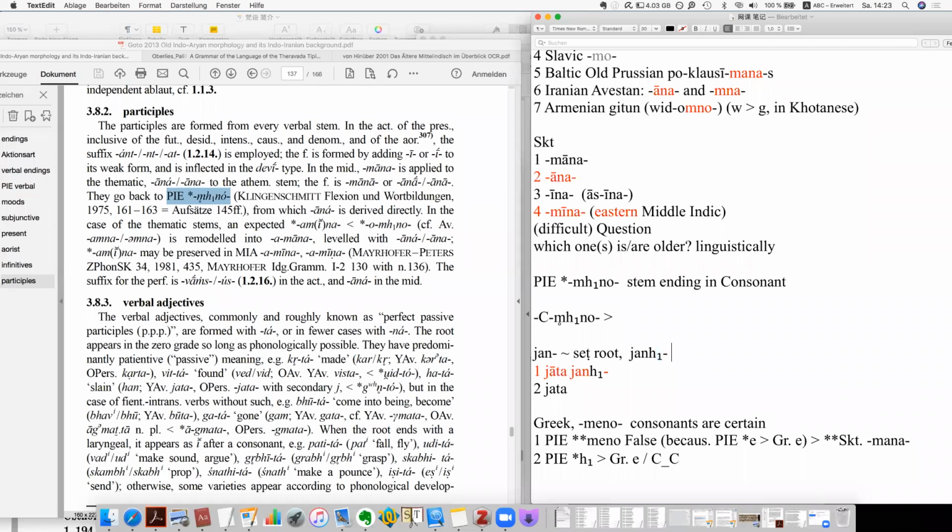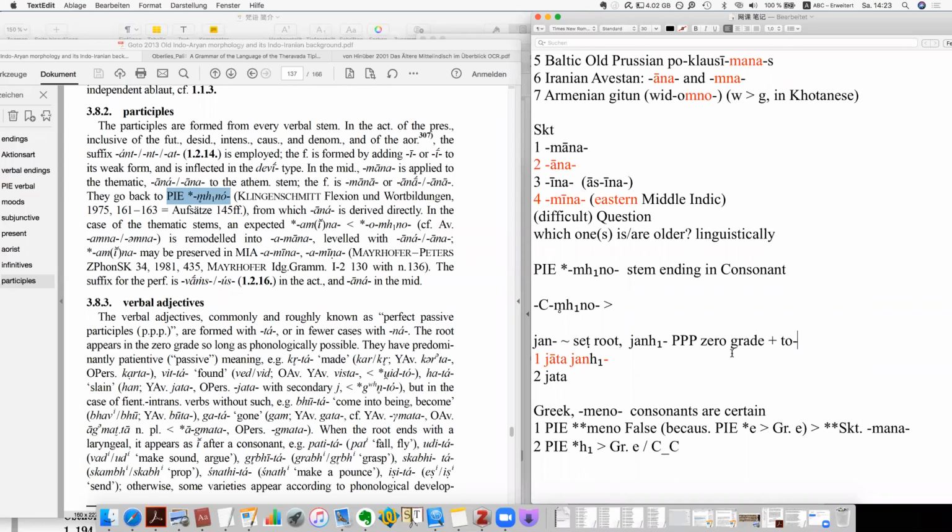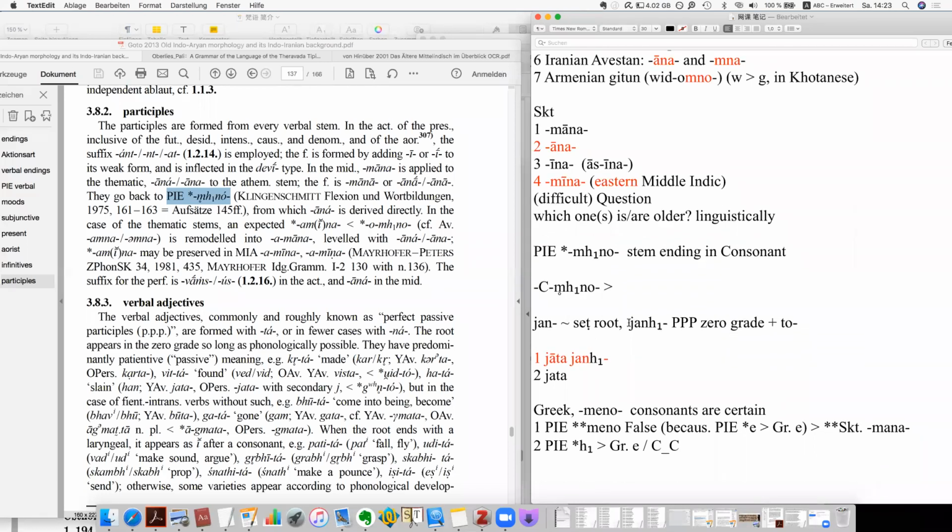Okay, so how can we build a PPP? For PPP, we need a zero grade, right? A zero grade plus a tau, right? Then the zero grade of this root looks like this one. You delete the vowel and then you put a tau after this, right?